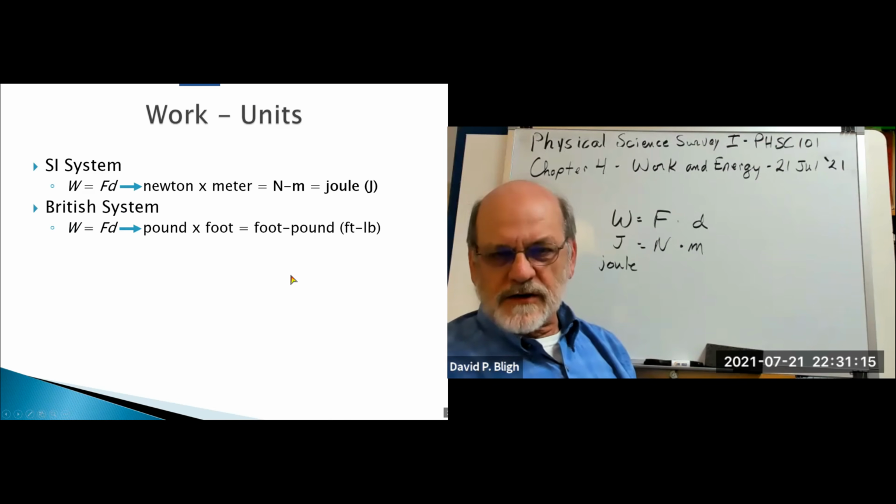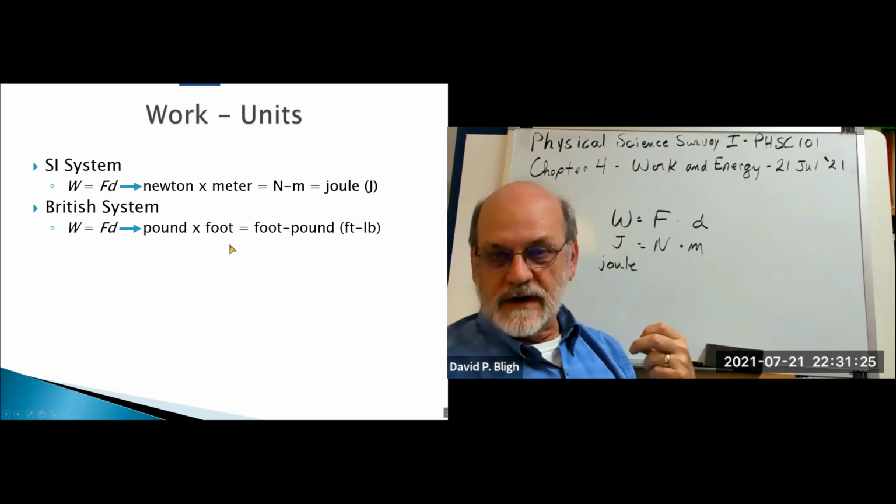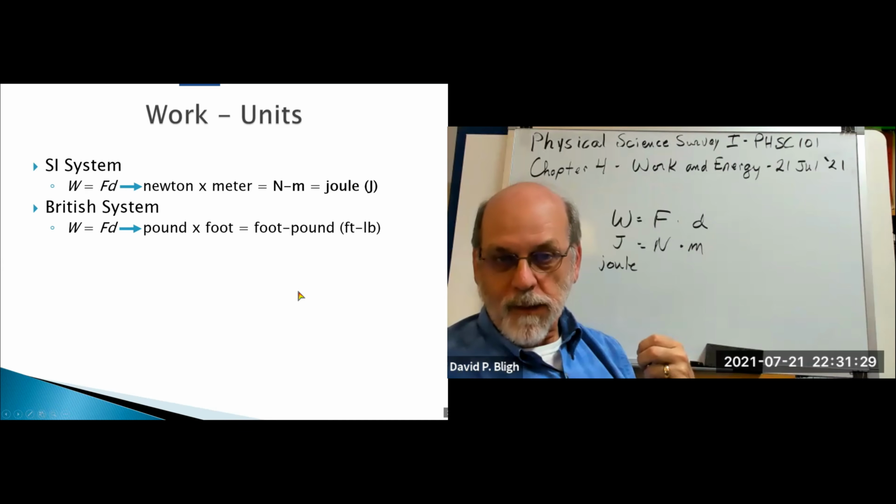Now, just for comparison, in the British system, a force is a pound, and the standard of measure is a foot. So a foot-pound is the British unit of measure for work.